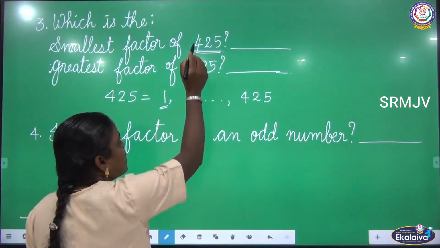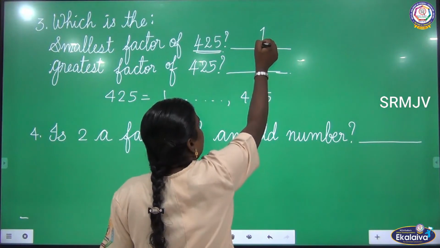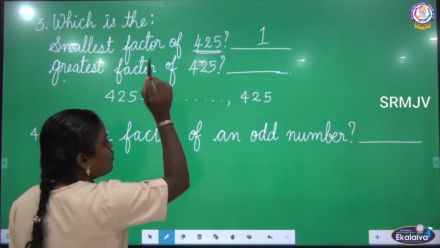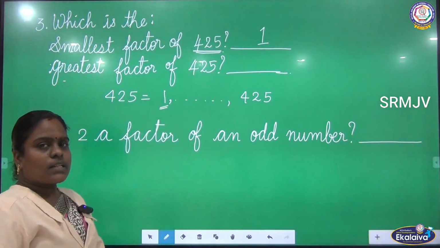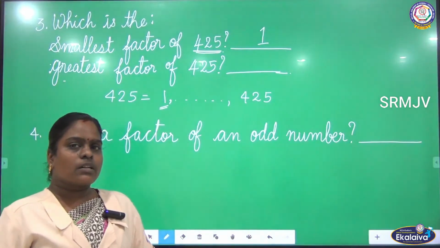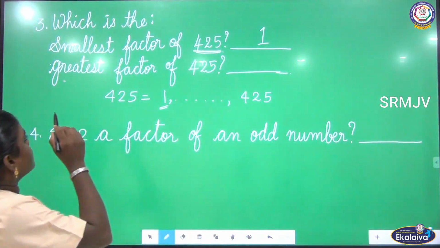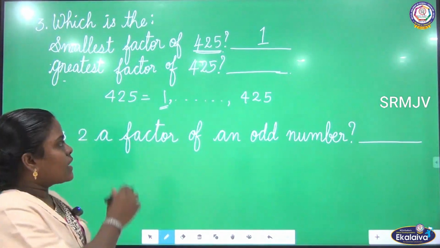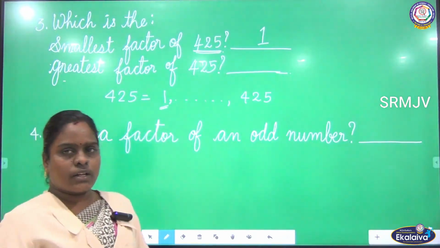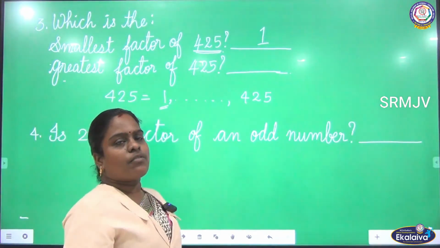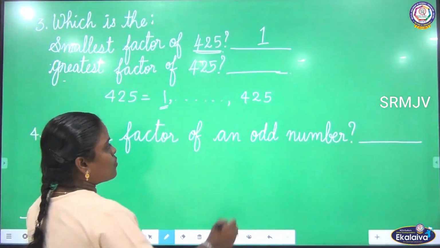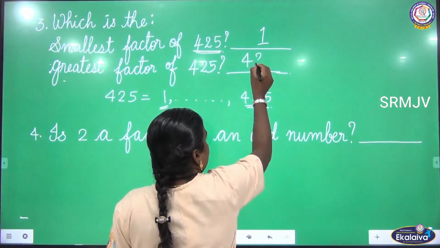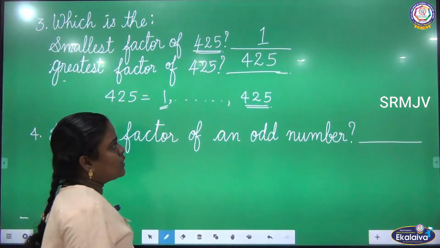So here the smallest factor of 425 is 1. Next question, greatest factor of 425. Yes, in the properties we have learnt, the number itself will be the greatest factor of every number. Here what is the given number? 425. So the number itself will be the biggest factor. So here 425 is the greatest factor of the number.